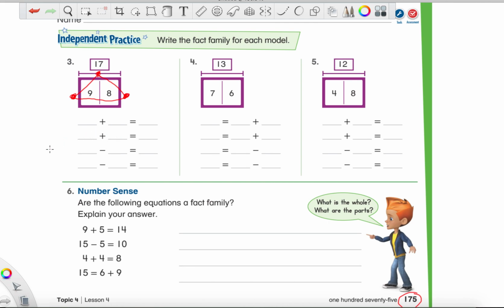So again, we'll do this in parts. So let's do the addition parts first. Just keep in mind, where does the big number go when we have a plus sign? All right, and go ahead and do the 2 addition problems for number 3.